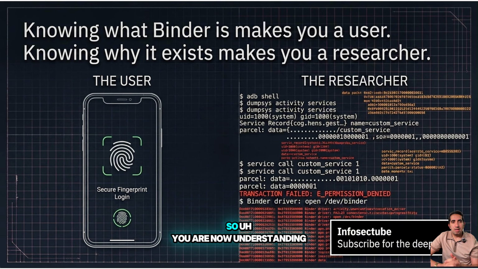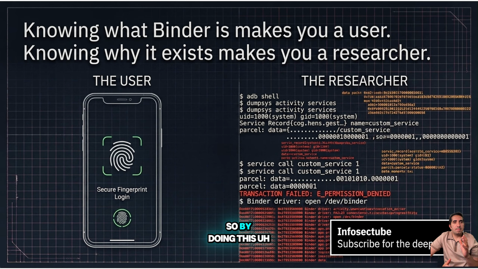You now understand why we isolate and why we need a secure bridge to make the connection of the apps to the services secure.